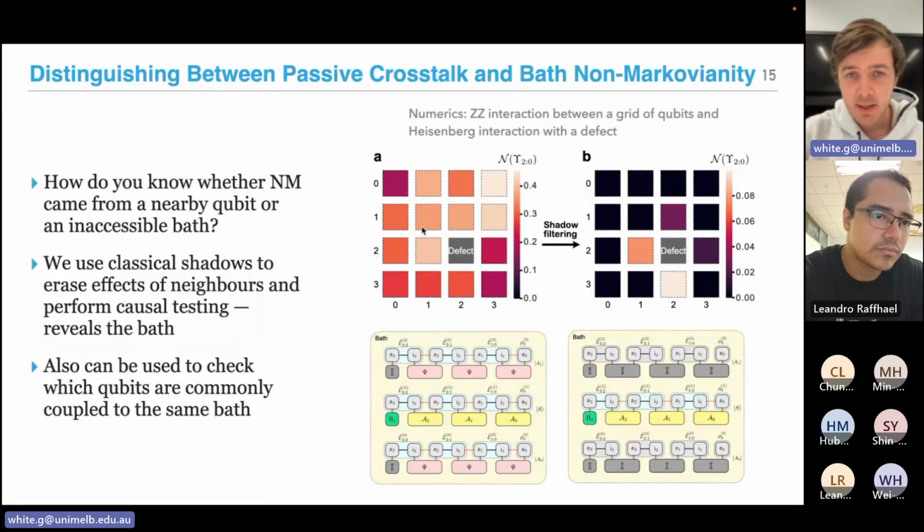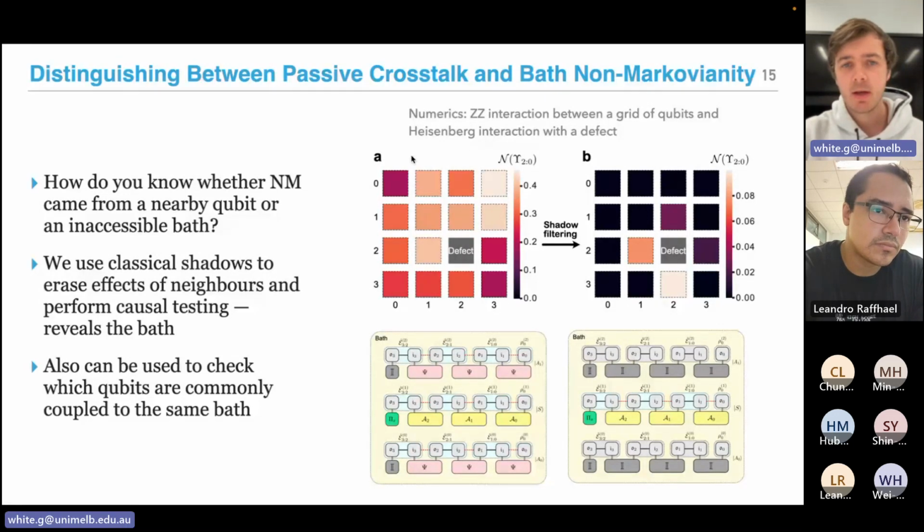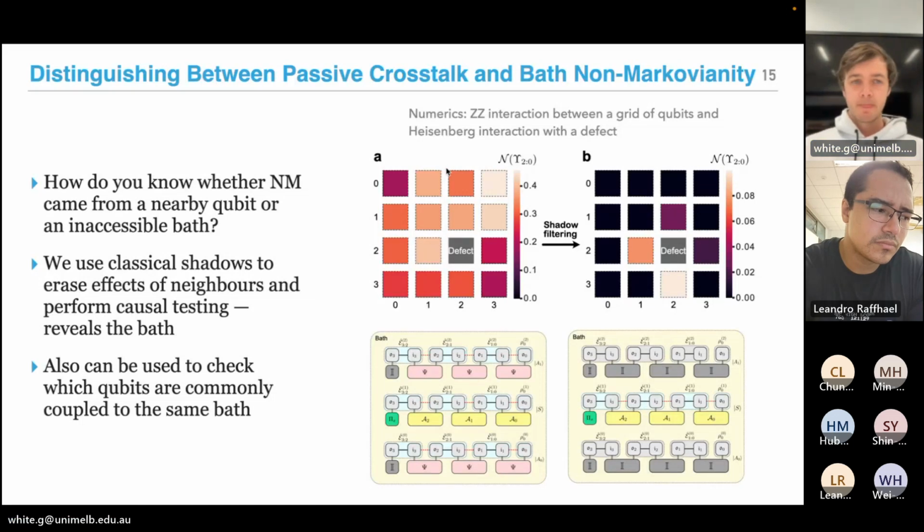And then the 4 qubits which are closest to the defect have an exchange interaction with that defect, like a Heisenberg interaction. And so the simulation is just a solution of that Schrodinger equation, but with different operations applied to different qubits. So you basically apply a Hamiltonian to the system.